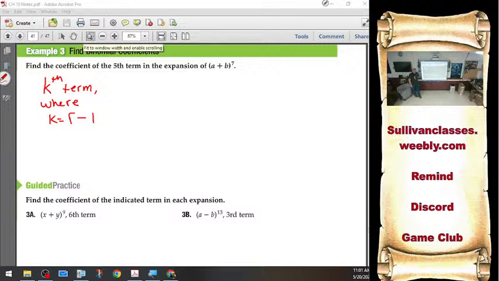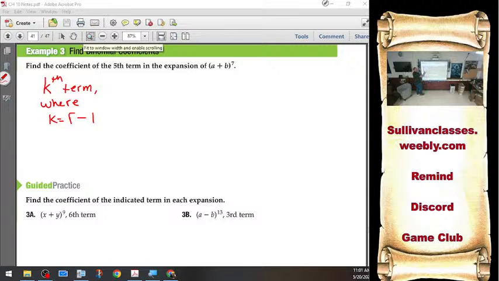Okay. Because remember that as I was going along my list, the a term and the b term, when I was expanding, the b term started at 0. It was the first term, but it started at 0, right? b to the 0. Okay.